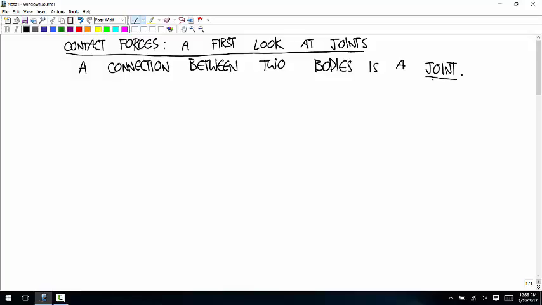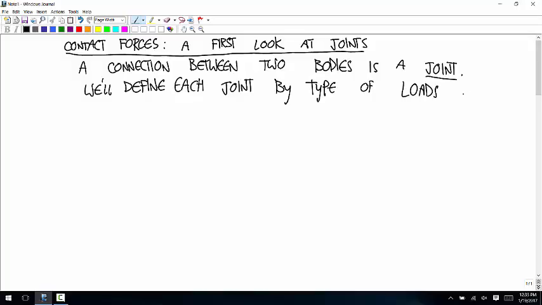And a joint in this class is defined by what type of loads it applies to the connecting bodies. So we'll define each joint by the type of loads it applies to the connected bodies.